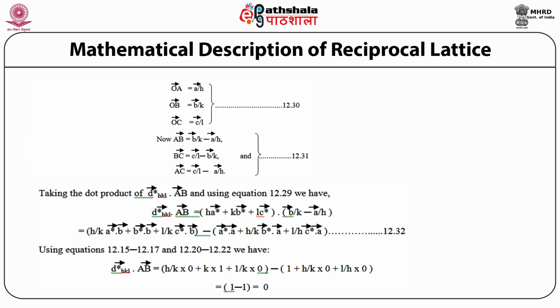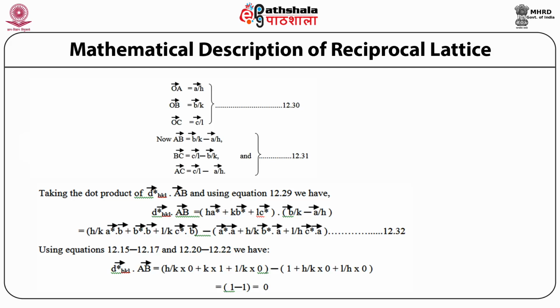(h/k) a* dot b plus b* dot b plus (l/k) c* dot b minus a* dot a plus (k/h) b* dot a plus (l/h) c* dot a, which is equation 12.32.